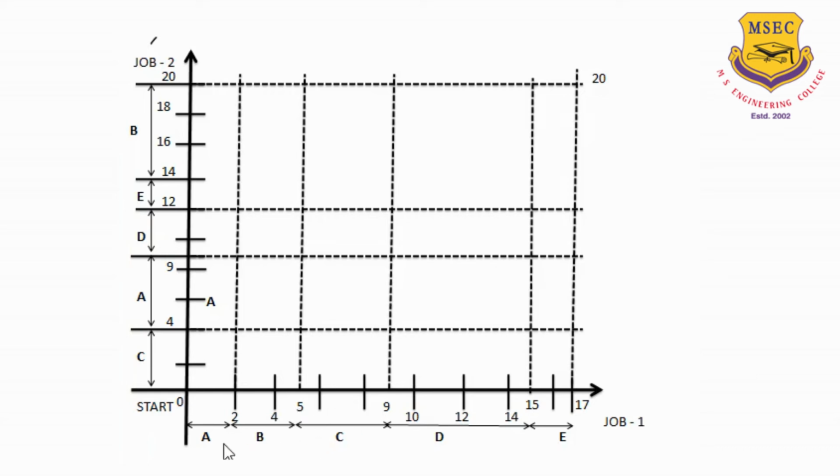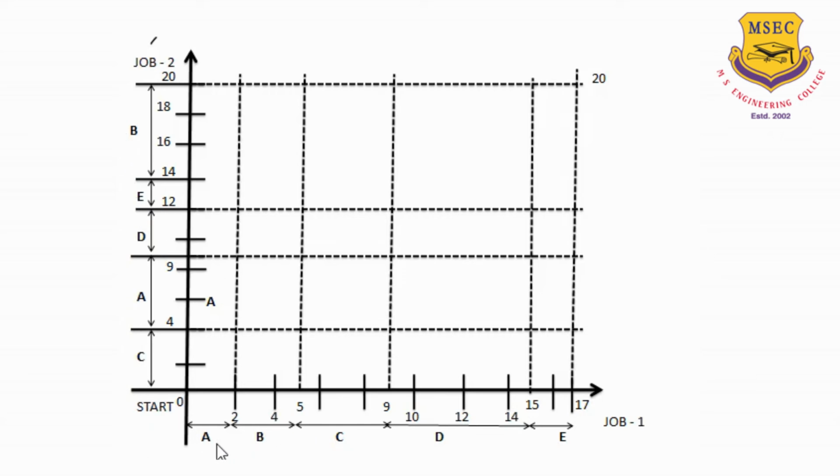So we start writing down the times and the sequence of the jobs. For job 1, we have the sequence A, B, C, D, E, and for job 2 we have the sequence C, A, D, E, B. The same sequence of machines is entered here and also here with their processing times.